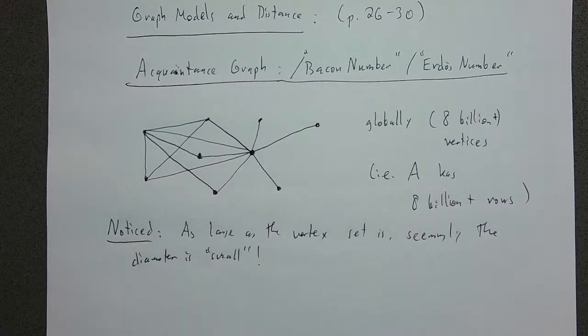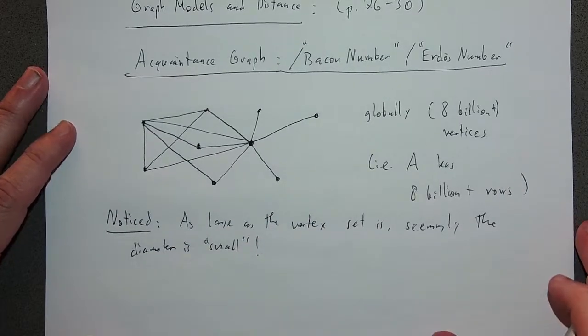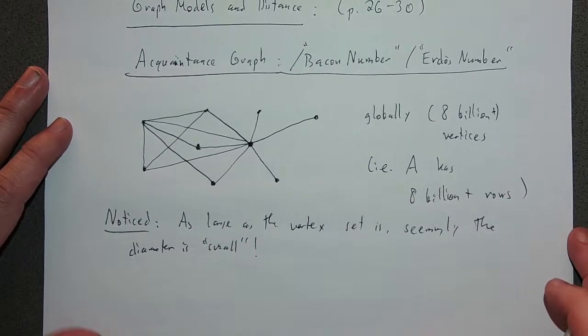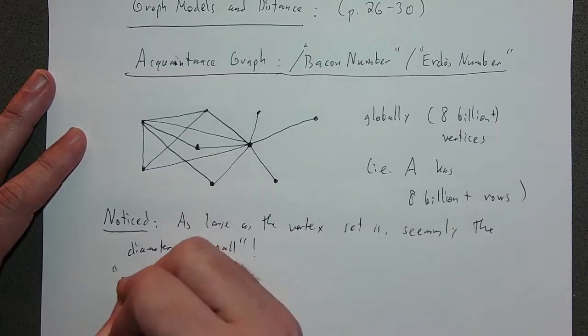In fact, relating all of these things is this thing you've no doubt heard, or if you haven't, I'm about to tell you, which is the six degrees of separation theory.